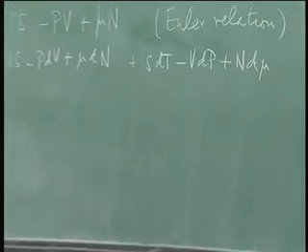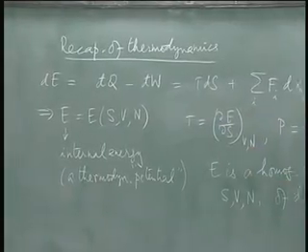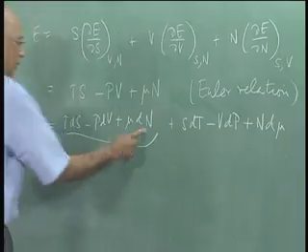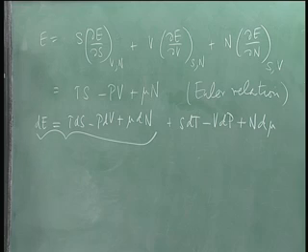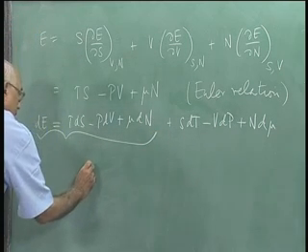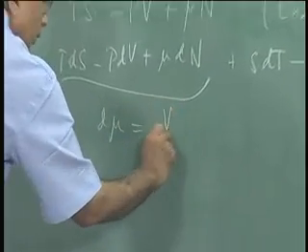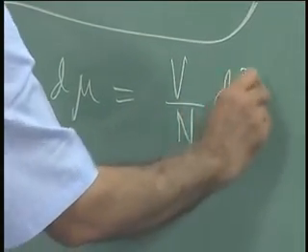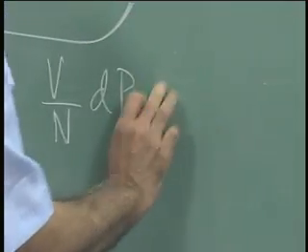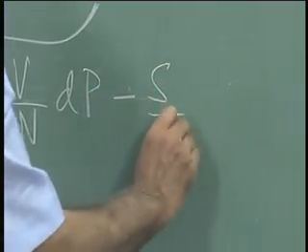On the other hand, the laws of thermodynamics tell you that dE is equal to that. So if you put that in, you get a relation which says that this set of extra quantities sum to 0, which you can write as d mu is equal to V over N dP minus S over N dT.